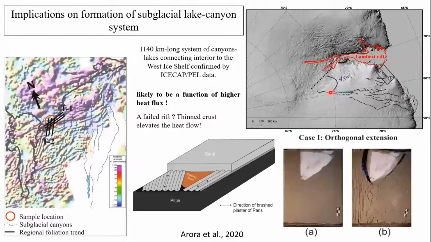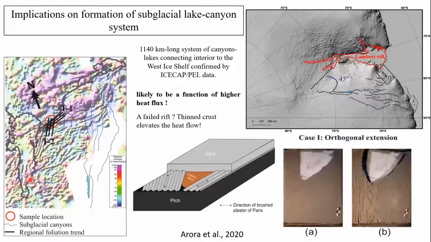So, because this area has a long system of canyons, a 1100 kilometer long system of canyons, to understand the relationship of those canyons to the Lambert Rift, structural analog modeling was done.